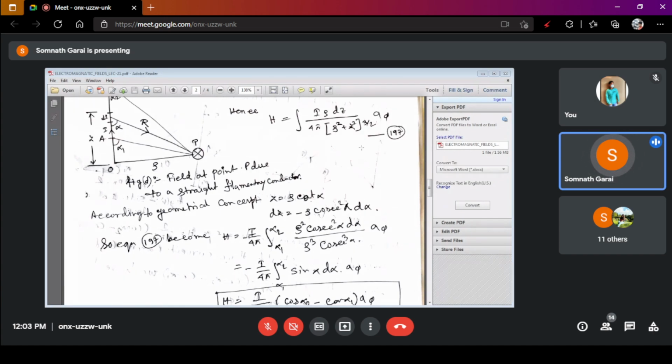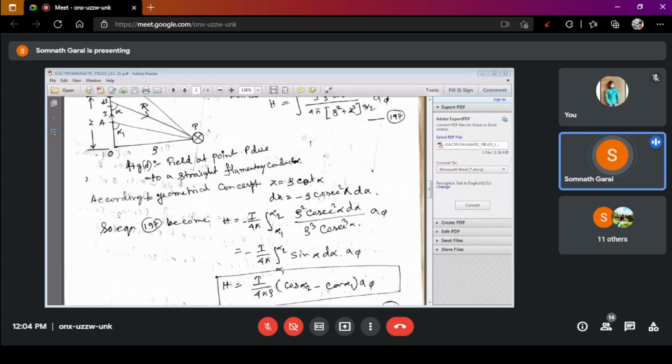So the numerator of this equation is rho square cosec square alpha divided by rho cube cosec cube alpha. Okay, so rho square and rho cube cancel out, then one rho remains in the denominator, and that is 1 by cosec alpha d alpha.